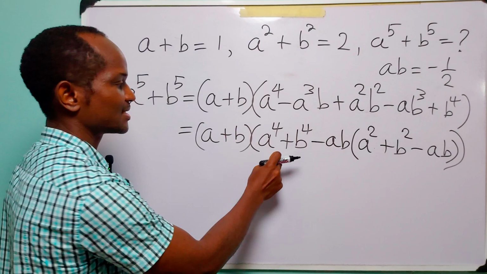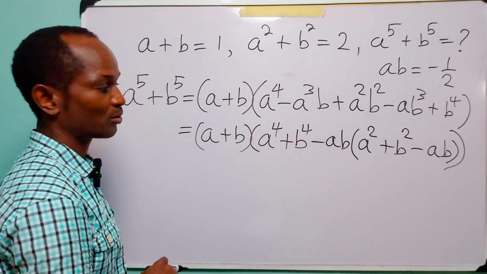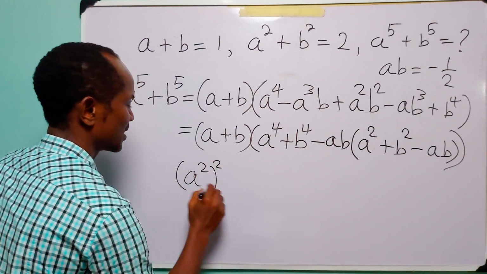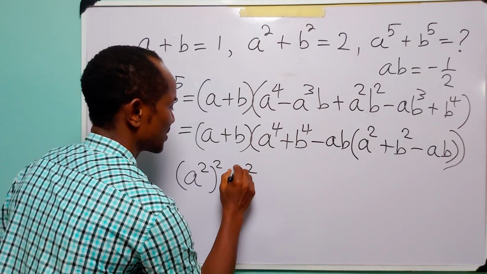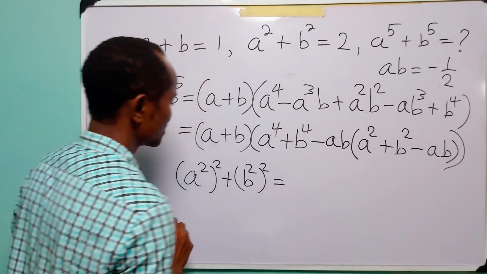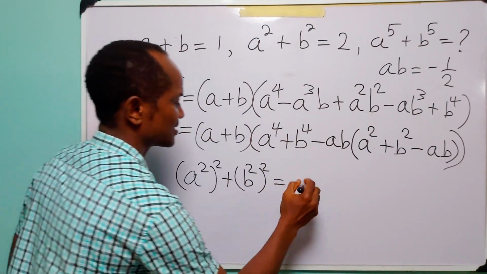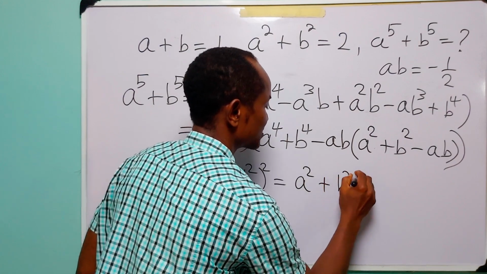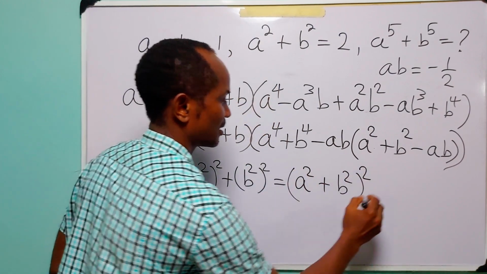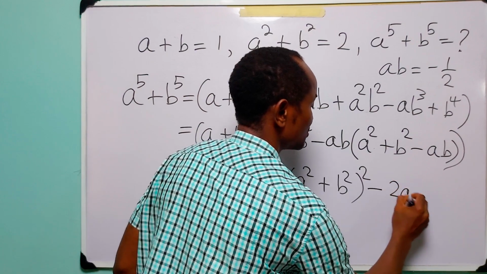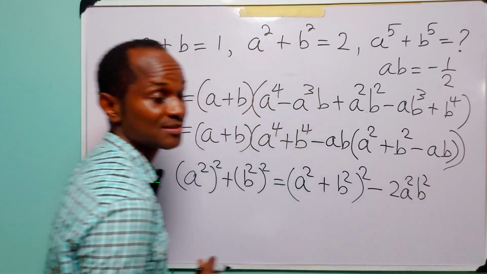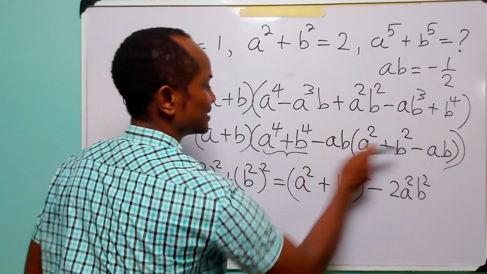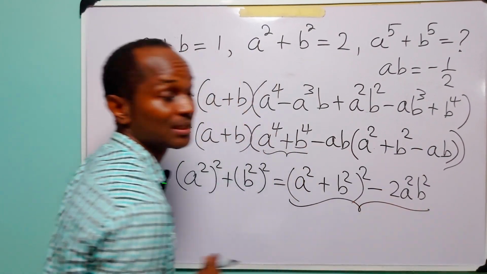But let us look at this. That is a to the power 4 plus b to the power 4. Of course, we know that this can be written as a squared squared plus b squared squared. And once more, we can factorize this as (a squared plus b squared) squared minus 2a squared b squared. So we can replace this with this.